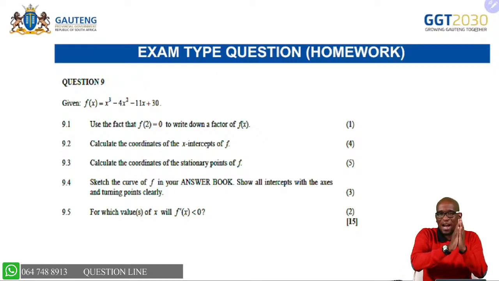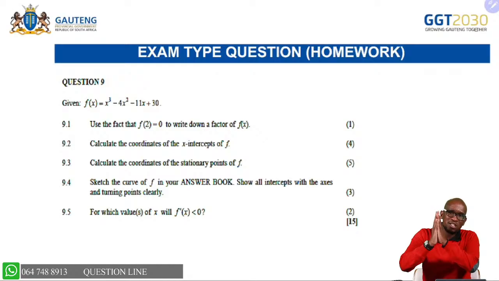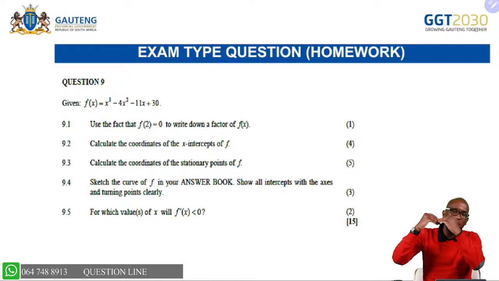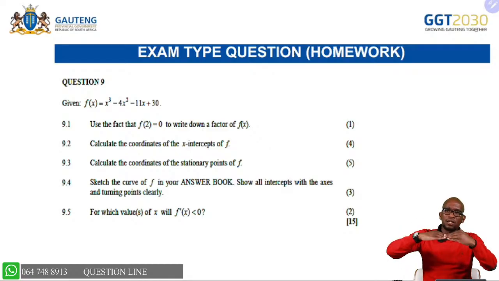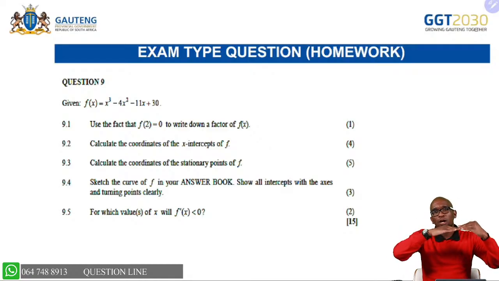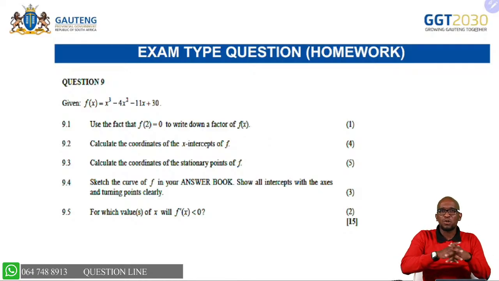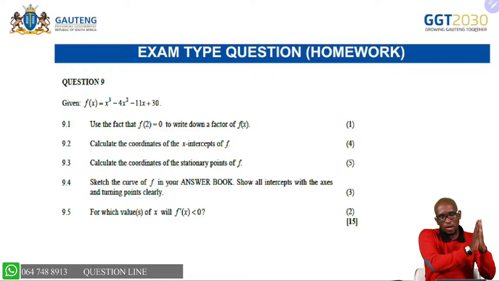If you get 1 x value, then you're going to have 1 stationary point, and that stationary point will also be a point of inflection. So it will be called a stationary point of inflection. After finding the stationary points, you find the x and y intercepts, you find the point of inflection, and then you are in a position to sketch the graph, focusing also on the shape.